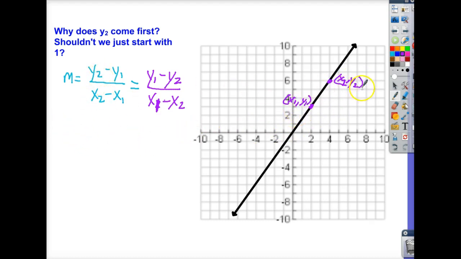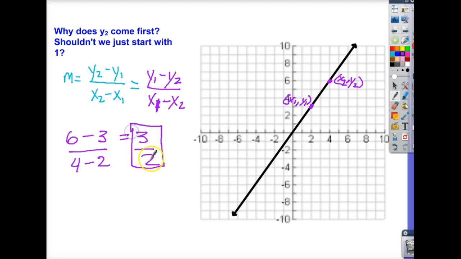So y2 is 6 minus y1 is 3 over x2 is 4 minus x1 is 2. So we have 3 over 2. That is a positive 3/2 slope, nice and clean.